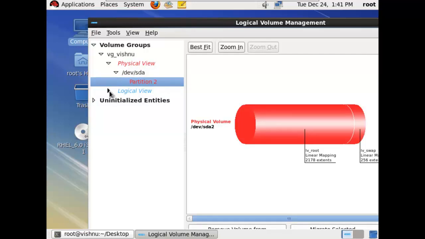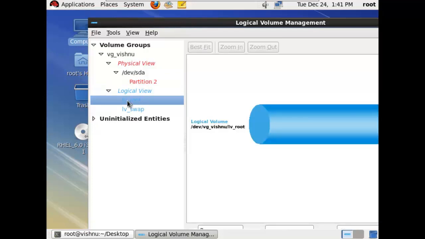Moreover guys, you can see that this volume group is also made up of logical volumes, and there are two logical volumes. First is your LV root and second is your LV swap.